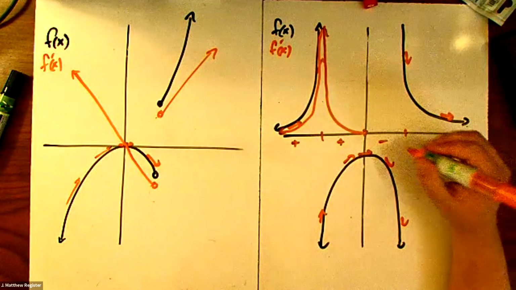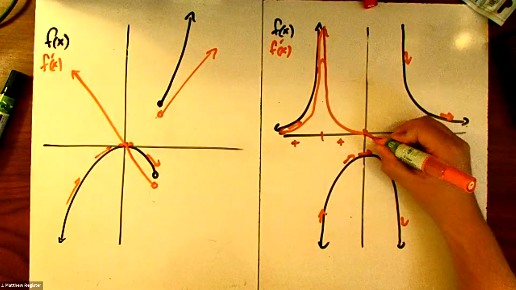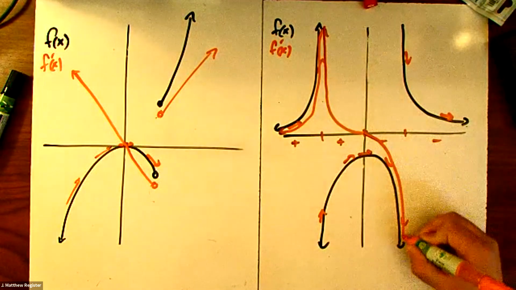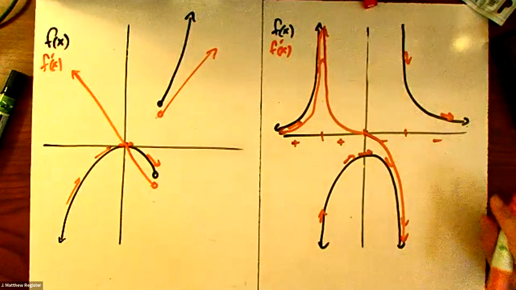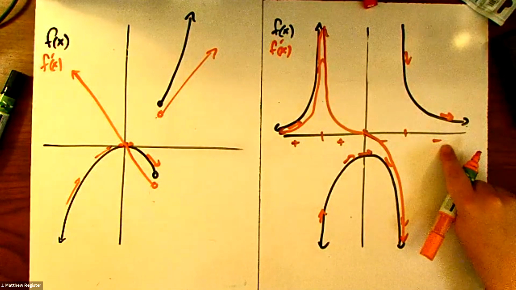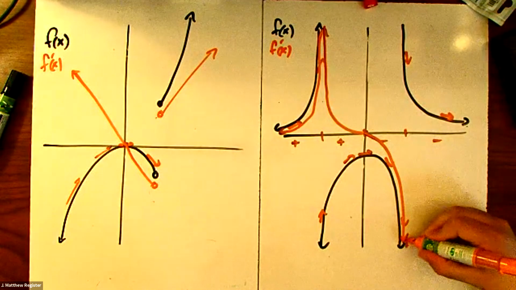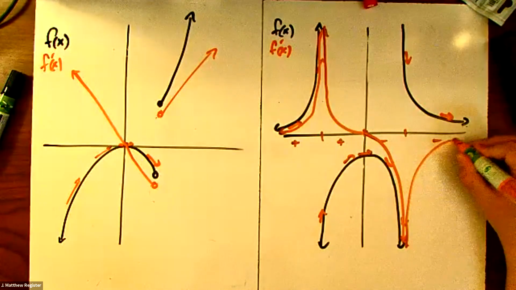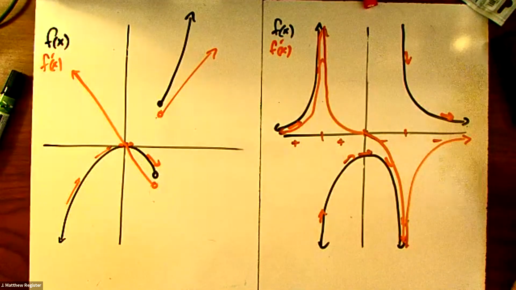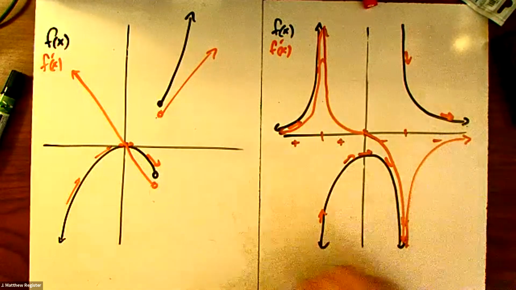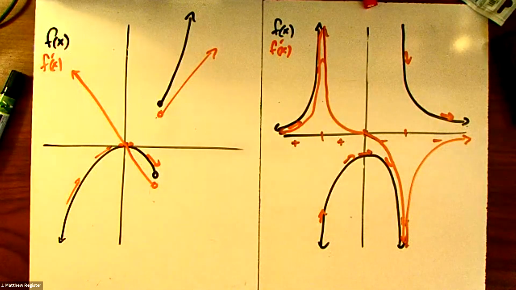Here it's going to be negative, and so it's going to look something like this. But then it's still going to be negative after that. And so we'll have an asymptote, and then it'll come back down. This is roughly what that function will look like.